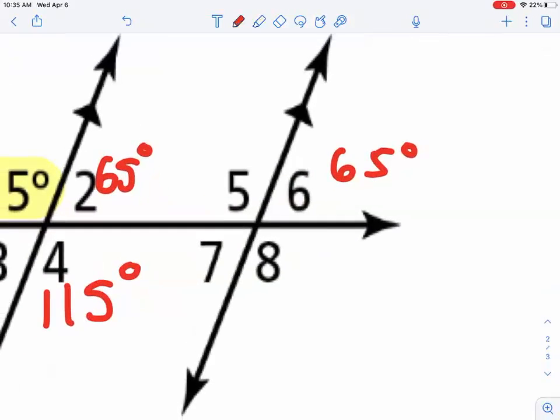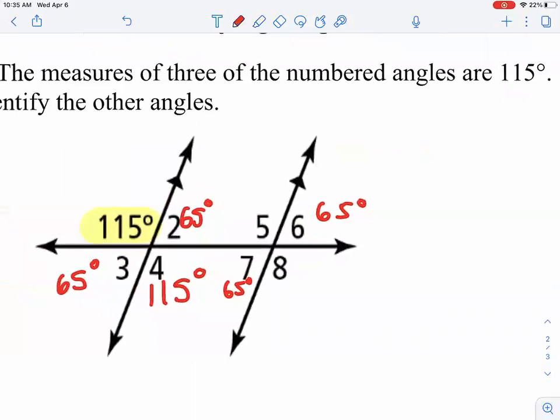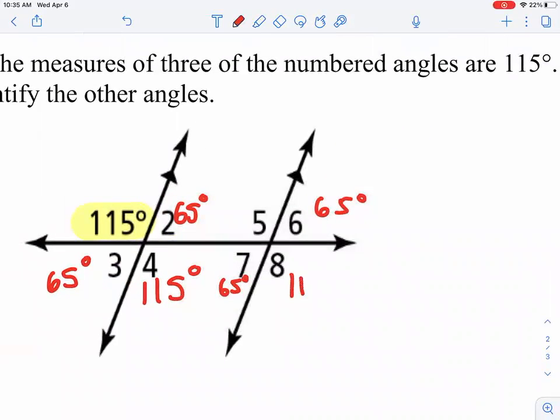Which means 7 has to also be 65 degrees. And we go from there. 8 would have to be 115 because it corresponds to this guy. 5 would have to be 115. It corresponds to that guy.